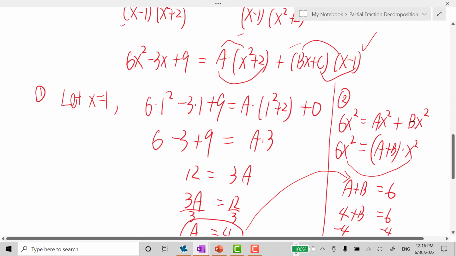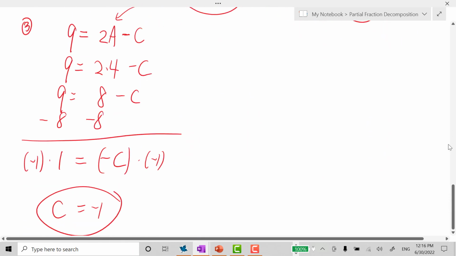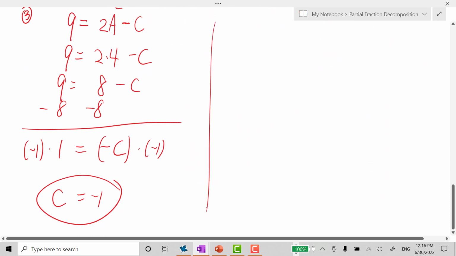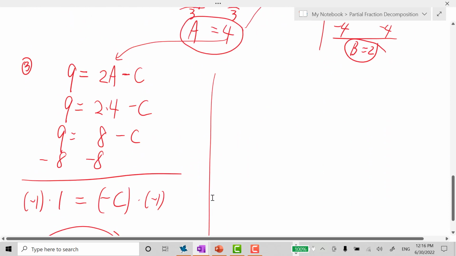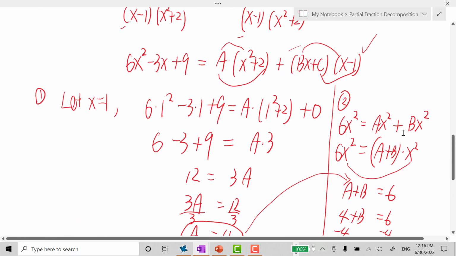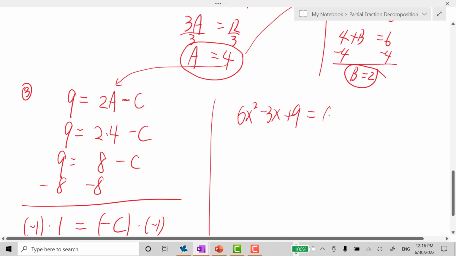And you can also solve this problem by setting up a system of linear equations. So let's look at that also. Again, we have 6x squared minus 3x plus 9 on the left; on the right it's a times x squared plus 2, plus bx plus c times x minus 1.